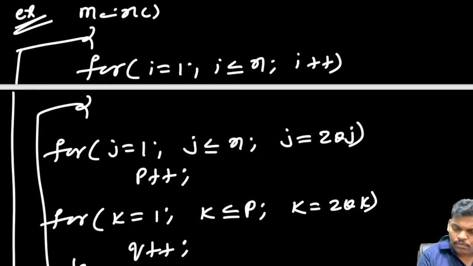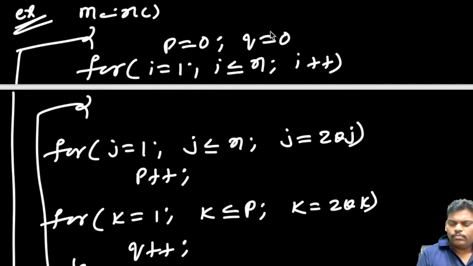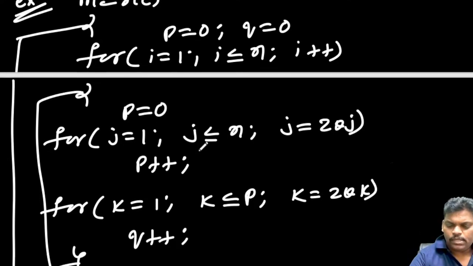So initially p = 0, q = 0. Yeah, this is the given problem.